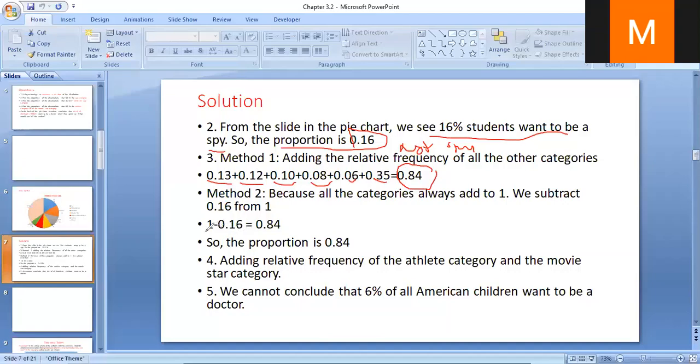Or you take 1 and subtract 0.16, you get 0.84. So that is the proportion not in spy. Not in spy, you have 2 ways. You add in order, or you take 1 and subtract spy, and you will get the same solution. That is the proportion of spy.